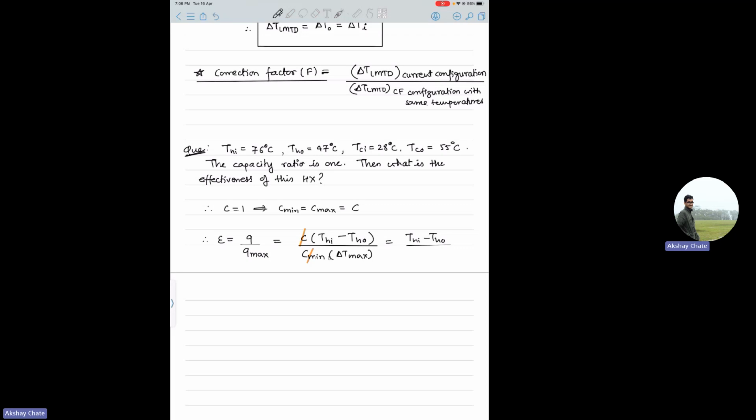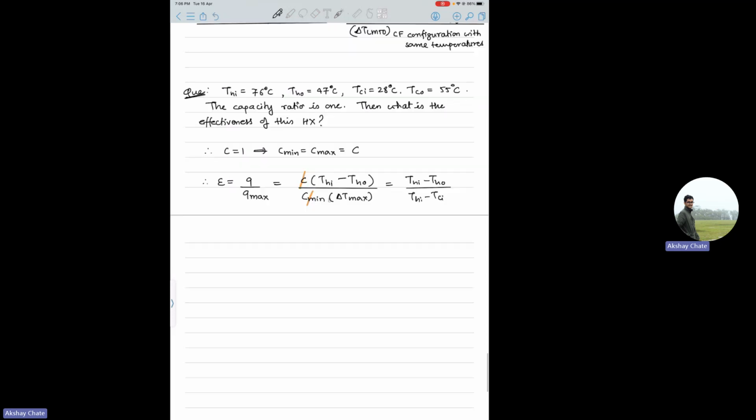So what will be your delta T max? It will be THI minus TCI. So therefore you have all 4 temperatures here. 76 minus 47 divided by 76 minus 28. So 76 minus 47 will be 29, and 76 minus 28 will be 48.